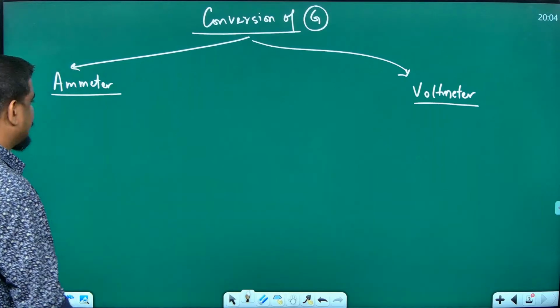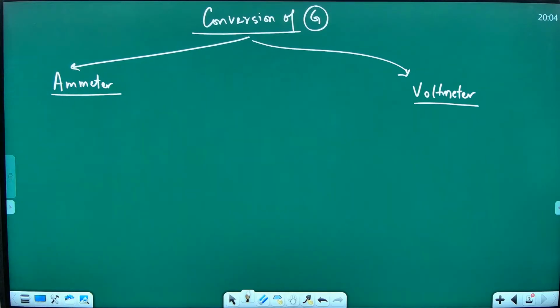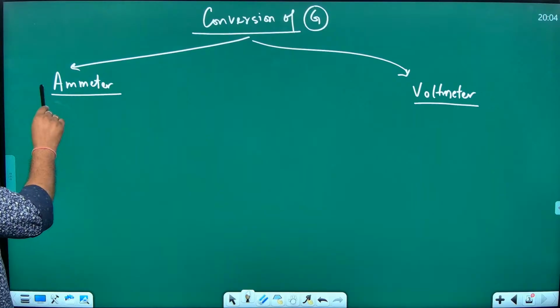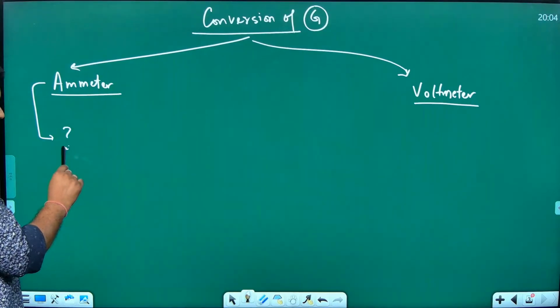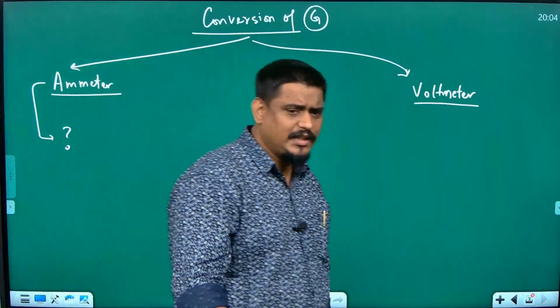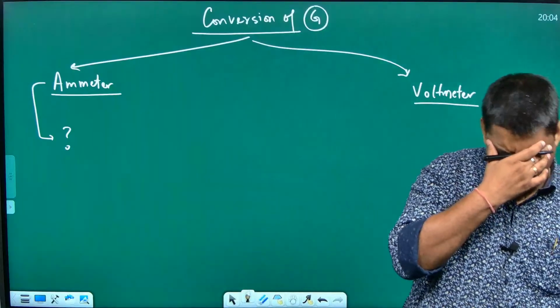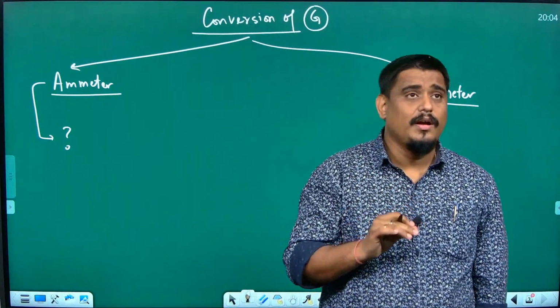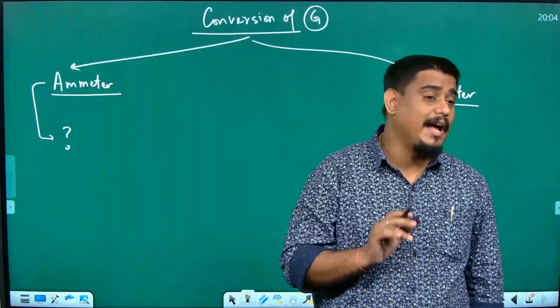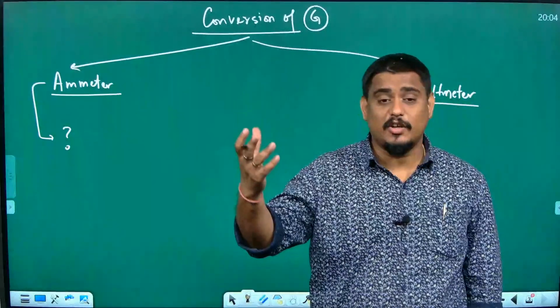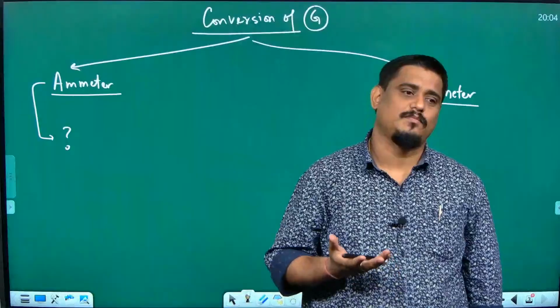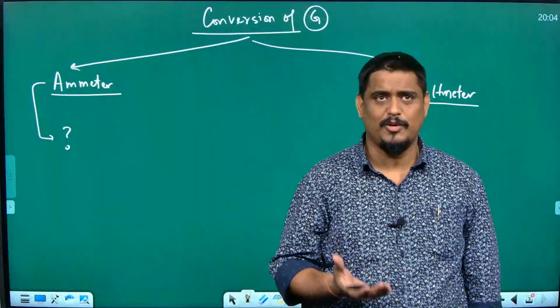Please, please, please. First of all, I would like to ask you, what is an ammeter? Used to measure the current. Okay. So, should an ammeter have a very big resistance or very small resistance? Why small?